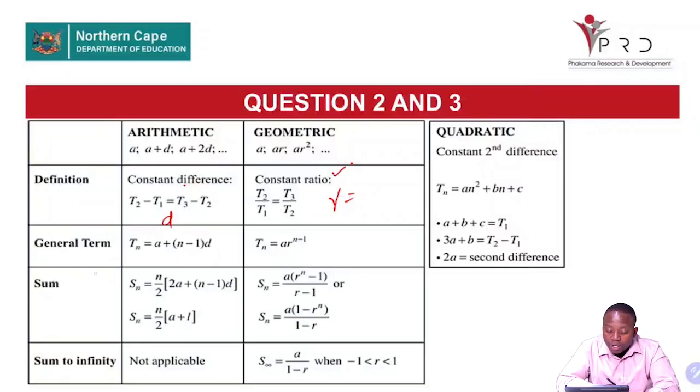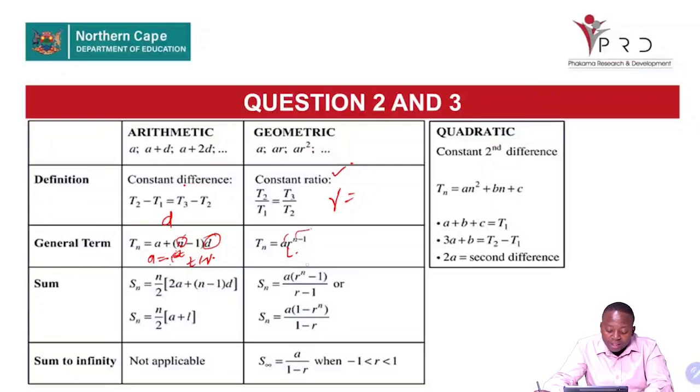Then the geometric one will be Tn equals a times r to the power n minus 1, where in this case a is the first term, d is our difference, and n is the number of terms. Same thing applies this side, where a is our first term, r is our common or constant ratio, and n is the number of terms.